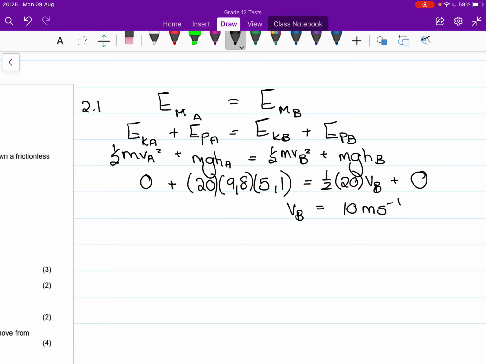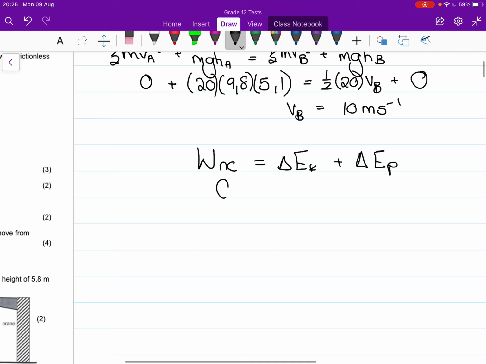Now what you could have done, and I did see this quite often, is use work done by the non-conservative force, because you recognized that the non-conservative force was 0, there was none. So work done by the non-conservative force is changing EK plus changing EP. That is 0.